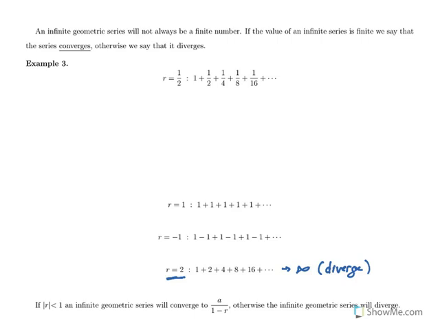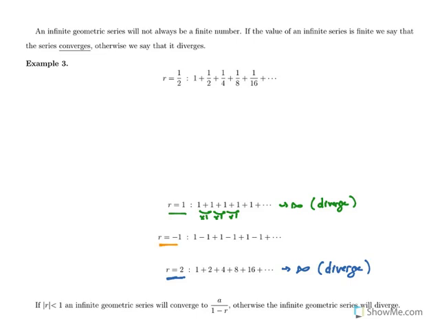It's just going to blow up to infinity. If we think about r equals 1, what's happening? This is a kind of a weird geometric series. We are multiplying by 1 each time. If we add 1 plus 1 plus 1 plus 1 plus 1 plus 1 forever, that's also going to go to infinity, and that's going to diverge.